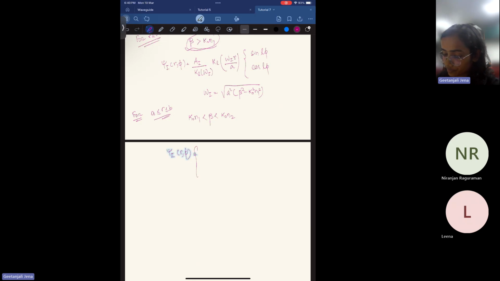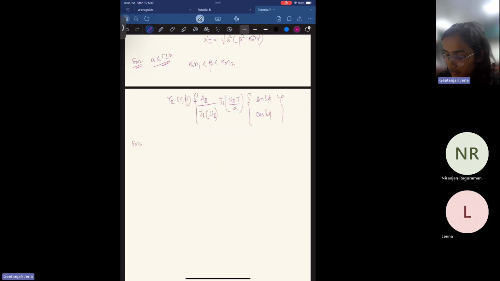So this would be A2 J_L(U2 R by A) sin L5 cos L5, similar to a core layer.